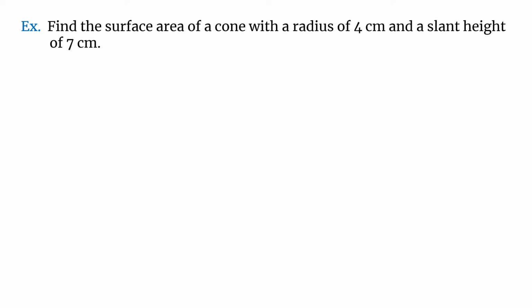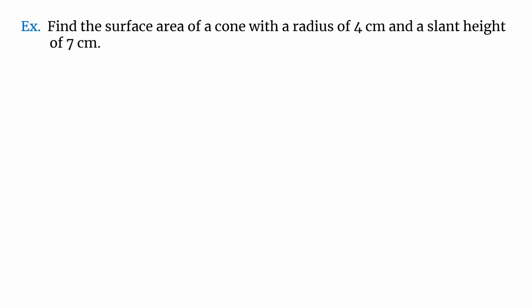Another example, find the surface area of a cone with a radius of 4 cm and a slant height of 7 cm. Again, katulad ng binanggit natin kanina, kahit alin dun sa dalawa ay tama. So, decide ka lang alin ang gusto mong gamitin.